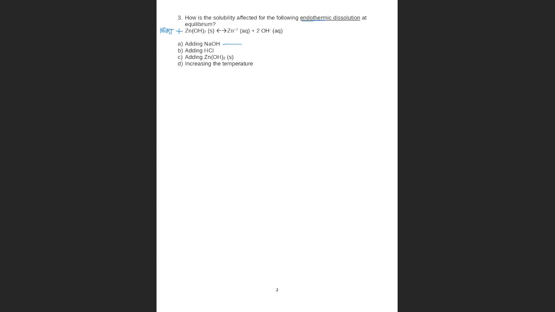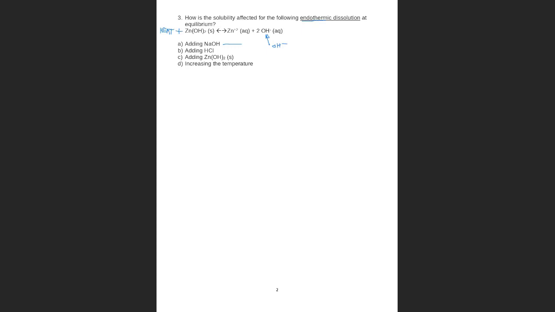Yes, solubility decreases. I have hydroxide as a product. Remember the Le Chatelier rule. If I have hydroxide and I add more hydroxide ions, the equilibrium is going to shift to the left.